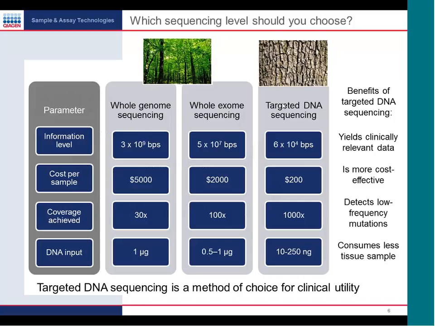In that case, driver mutations are generally present in very low mutation frequency, and to detect those, you need to do more in-depth sequencing, which can be enabled only by targeted DNA sequencing. So that's another big advantage of doing targeted DNAseq.